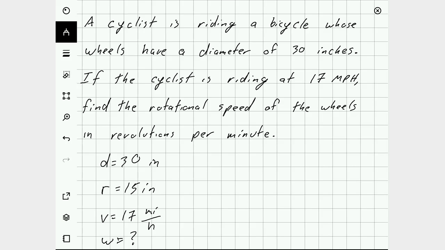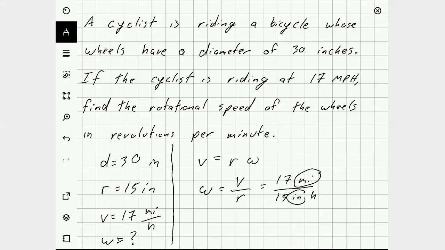So on the surface, this is a fairly straightforward calculation. We're simply going to say that v is r times omega. So omega is v over r. The problem is that when we substitute in, we get miles and inches, and that's a problem.